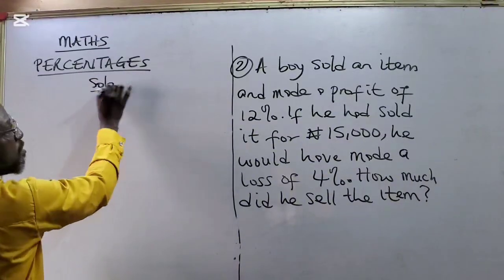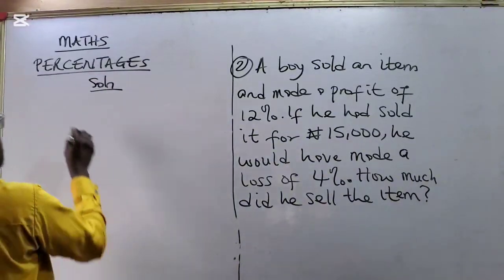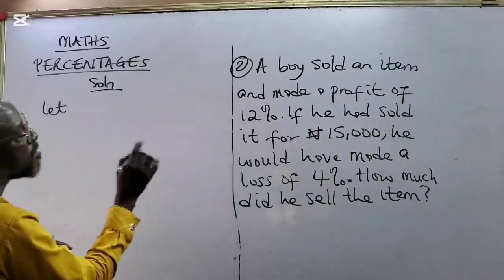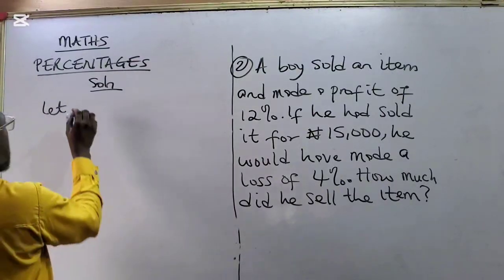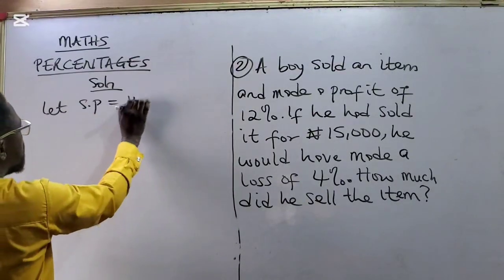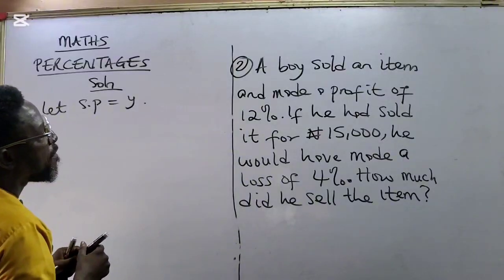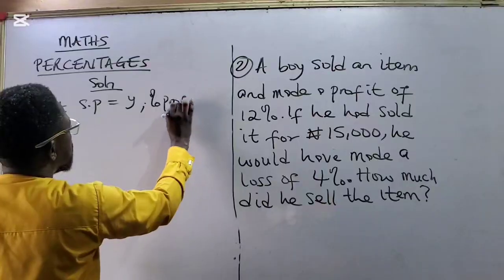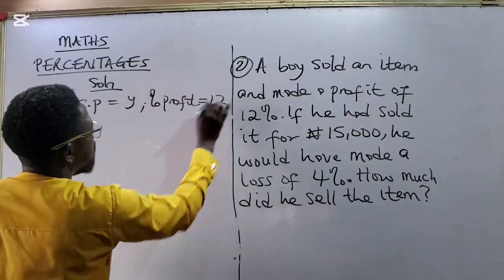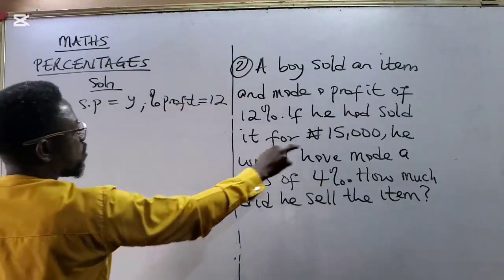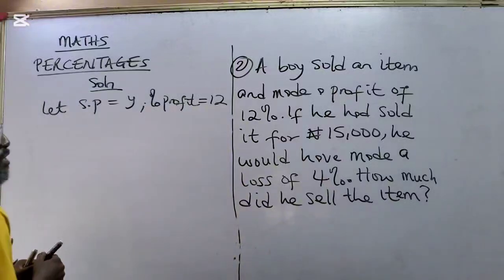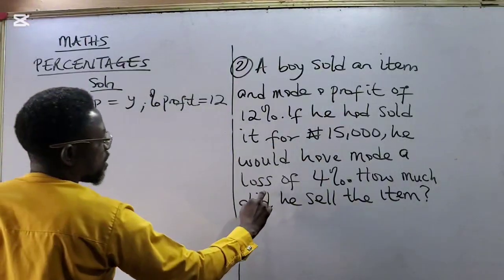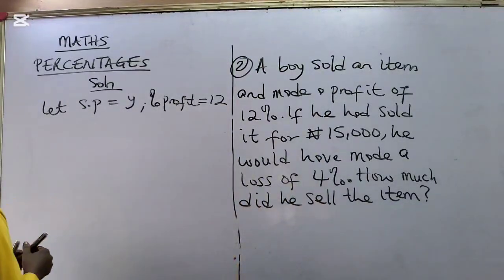Solution. Now let the selling price we are looking for be y. Percentage profit is 12. But if you had sold it for 15,000, that would have made a loss of 4%.